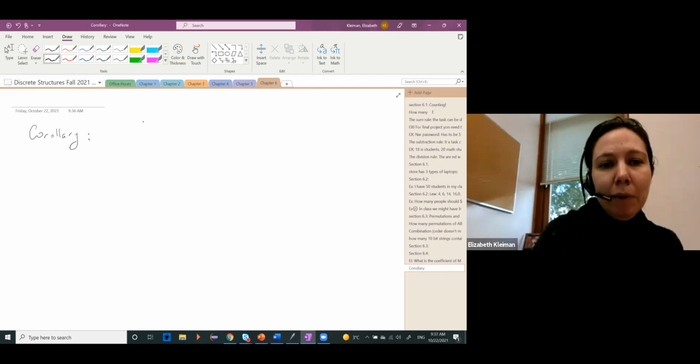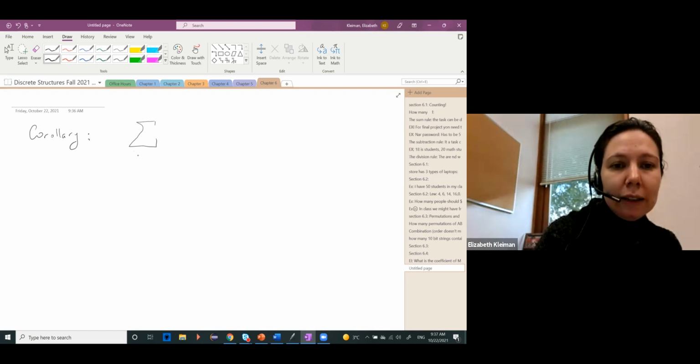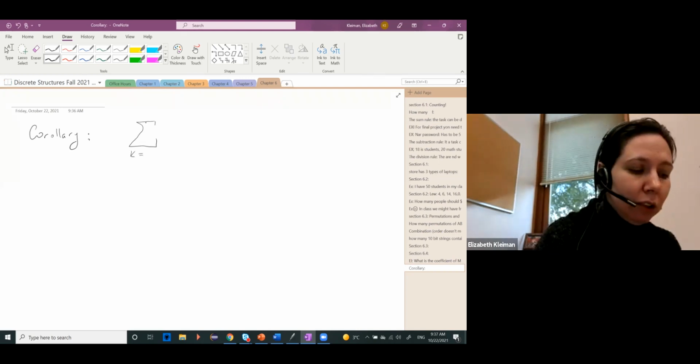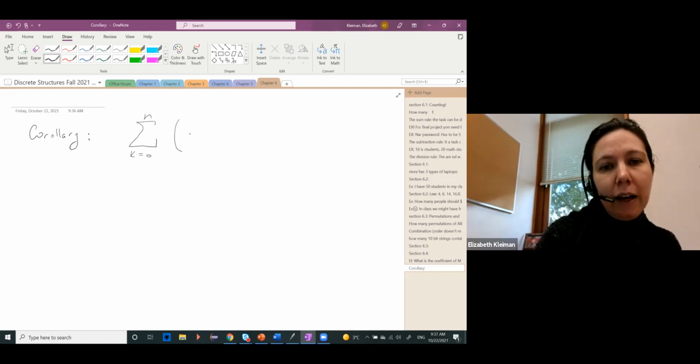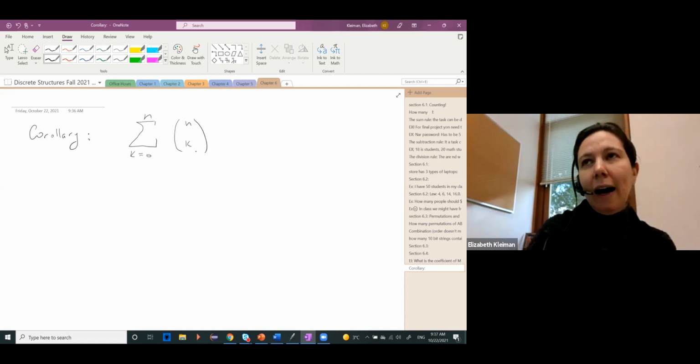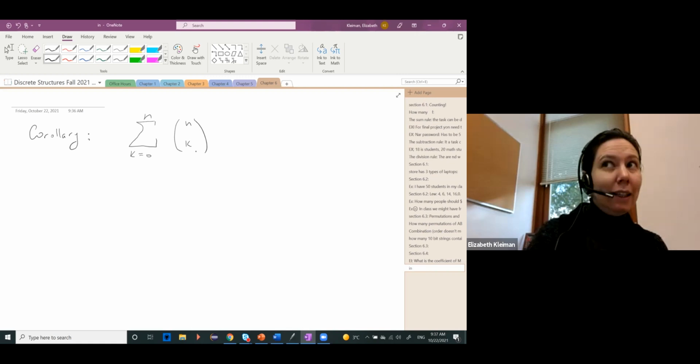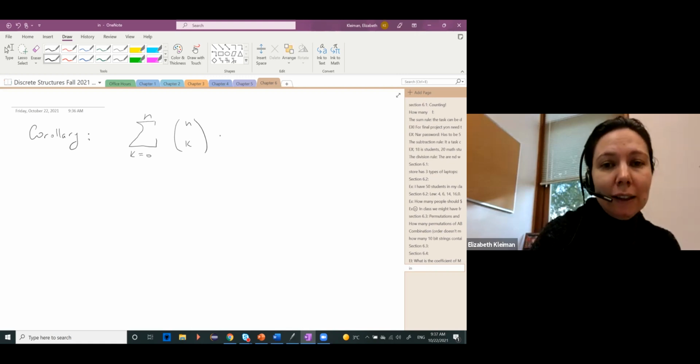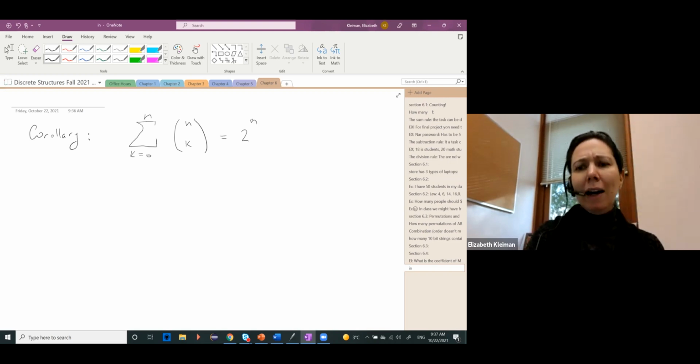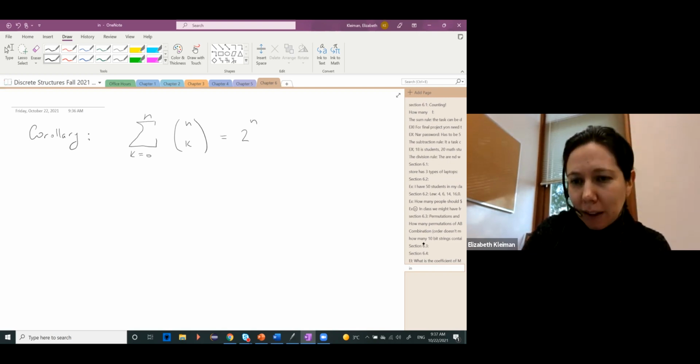I'm saying that directly from my binomial theorem, I can say that if I have a summation from k equals 0 to n of n choose k, this sum is actually equal to 2 to the power n. Now, I'm saying it comes directly from that theorem.